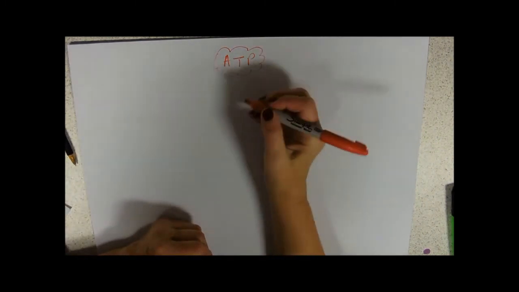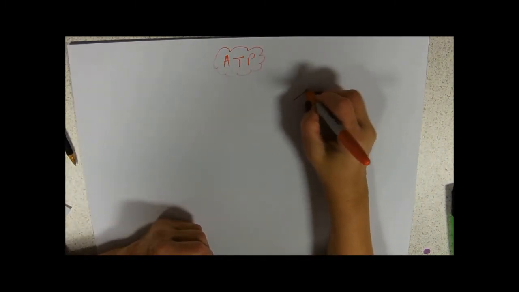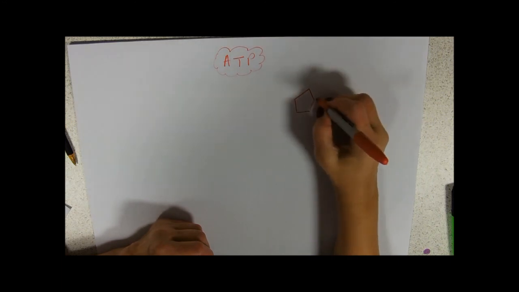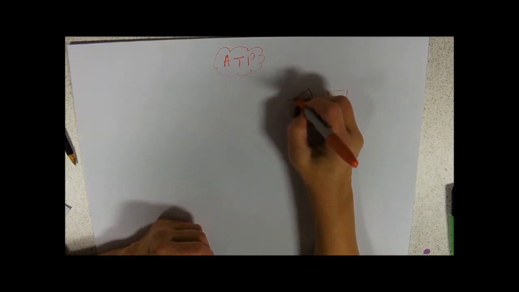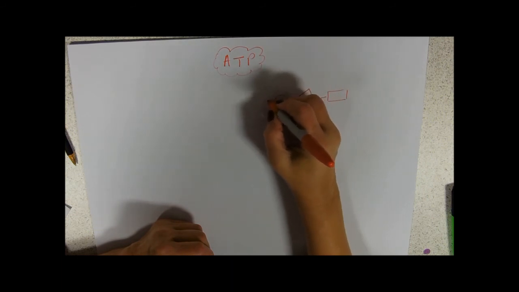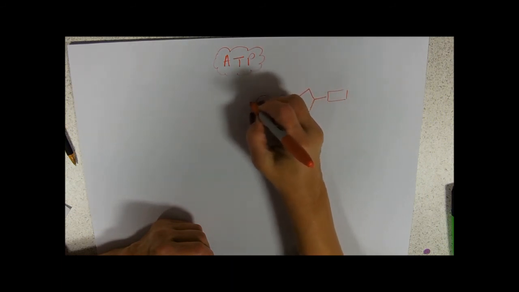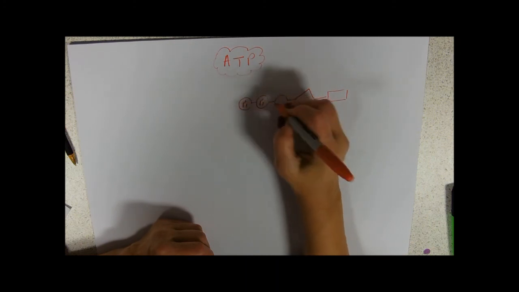So, ATP. This is our energetic nucleotide. So, nucleotide, remember, sugar, base, and in the case of ATP, 3 phosphates, which we can abbreviate to Pi. I know that's a sumsy sort of term.